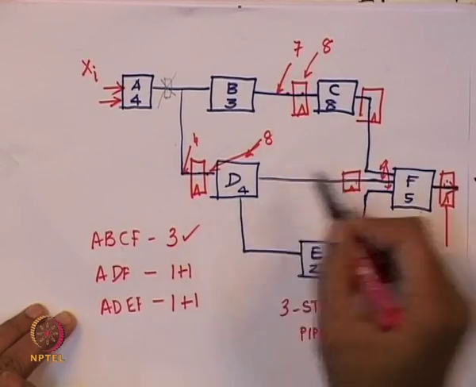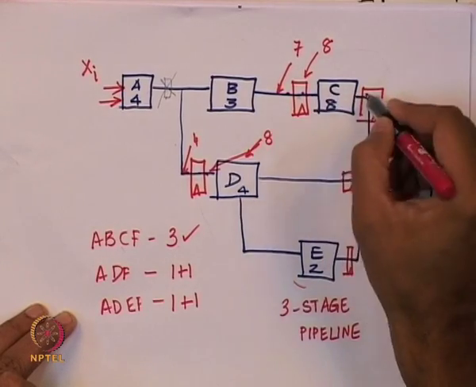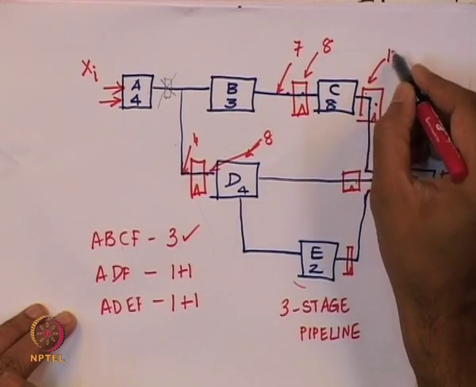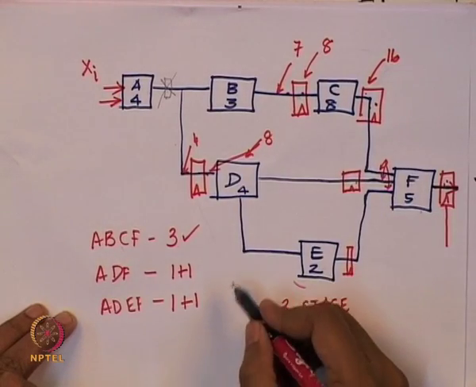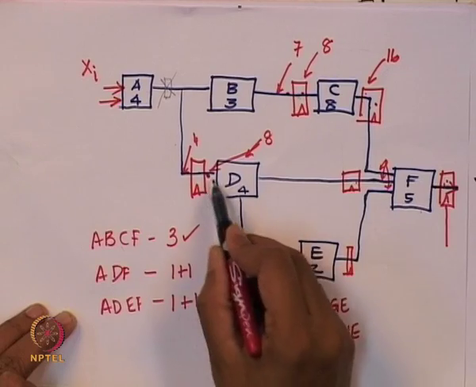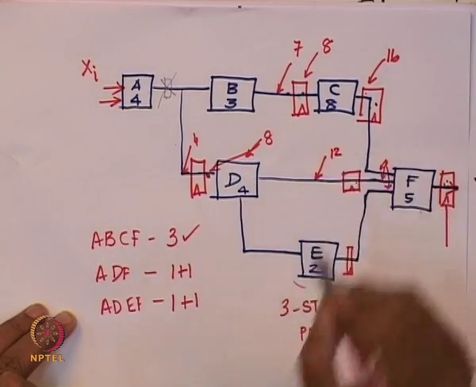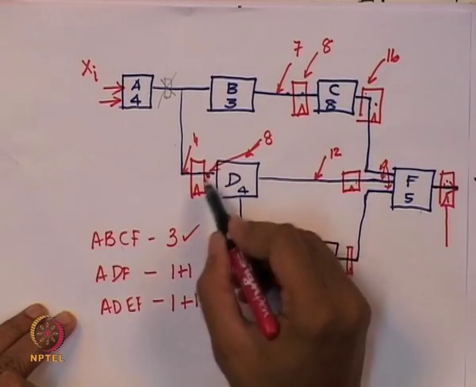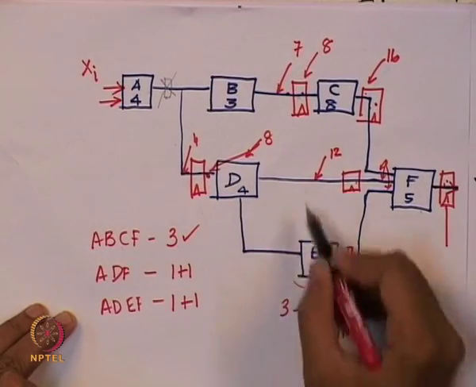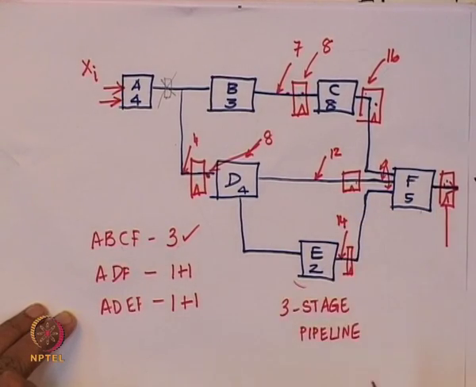Then to go to this stage, from this flip flop to this flop, this is going to take 8 time units. So, this is at 16. If there is a stable input here, it will take 4 time units to come out of this. So, the input here will be ready at 12 time units. It goes through 4 here plus 2, 6, so this will be ready at 14 time units.